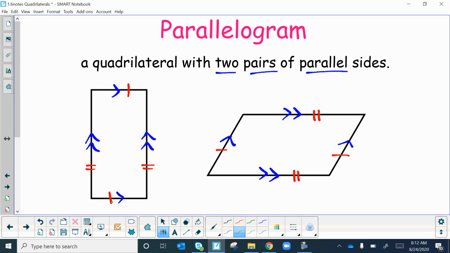For instance, if I had a parallelogram over here and you see opposite sides congruent, but you don't see the parallel symbols, this is still a parallelogram, even though it doesn't show opposite sides parallel. If the opposite sides are congruent, it forces the sides to be parallel. So you don't need both markings, you just need one.